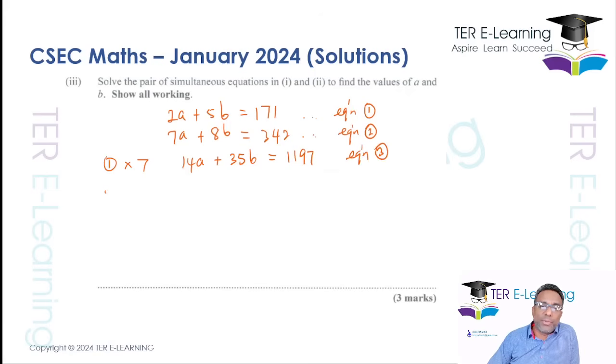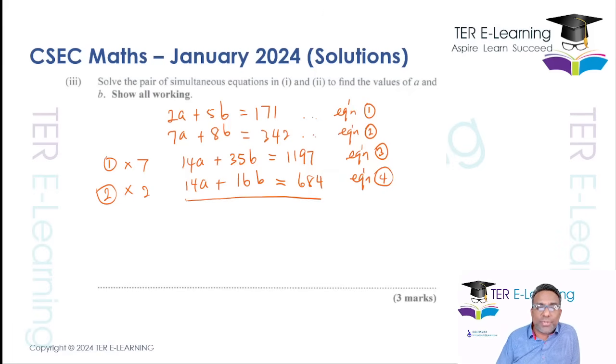Next thing we're going to do, we're going to take equation 2 and multiply that by 2. So 7 times 2, this is going to give me 14A plus 8 times 2 is 16B, is equal to 684. And that's equation 4. So now, if I want to eliminate A, all I need to do is to subtract these two equations.